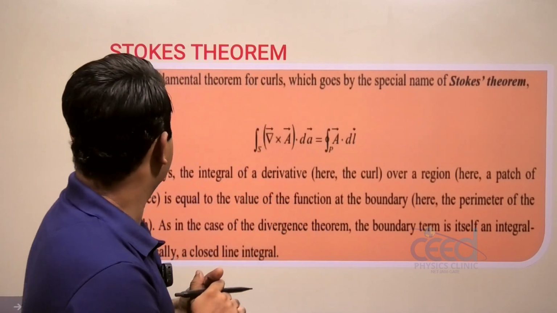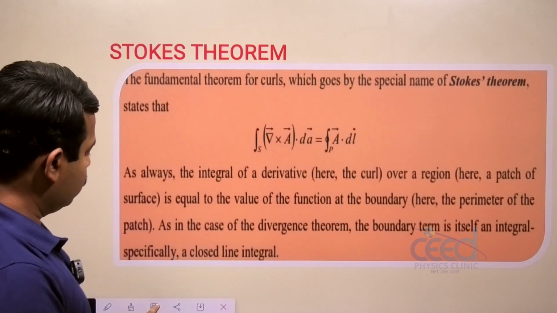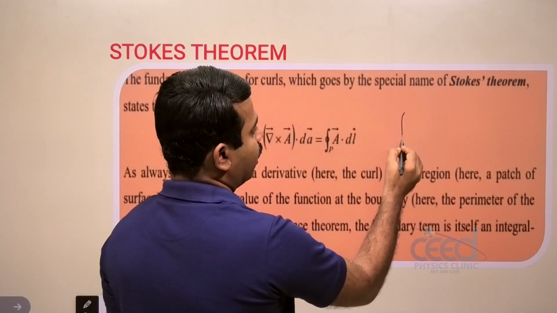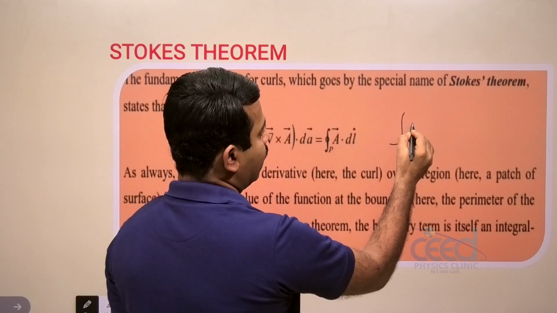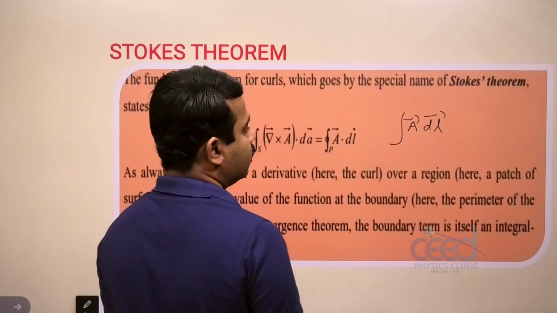So first of all, I write the mathematical statement. According to this theorem, suppose you have a line integral, integral A dot dl, where A is a vector field.